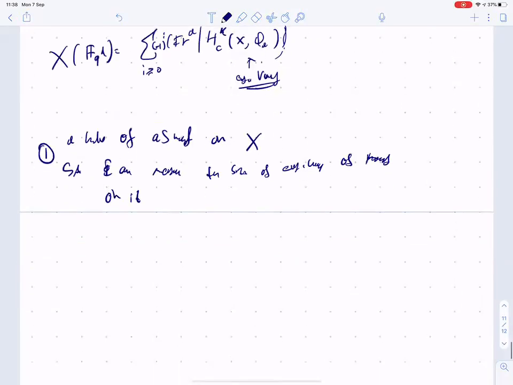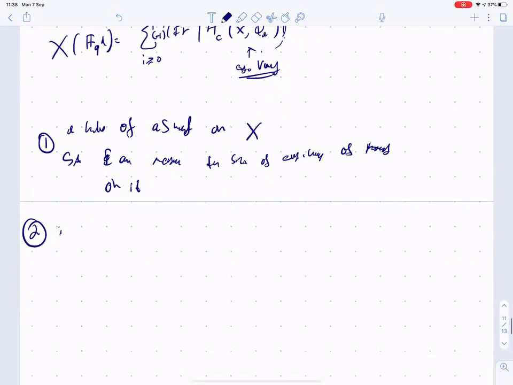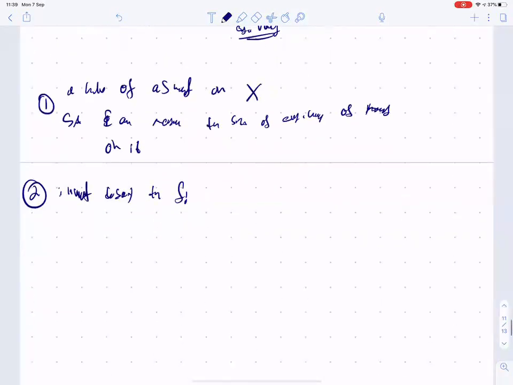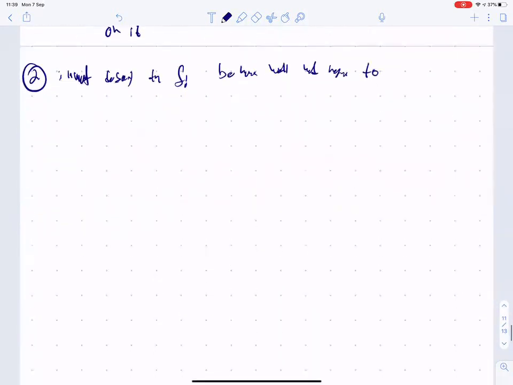This is one. And two, I want to say that f lower shriek behaves well with respect to these measurements of eigenvalues.